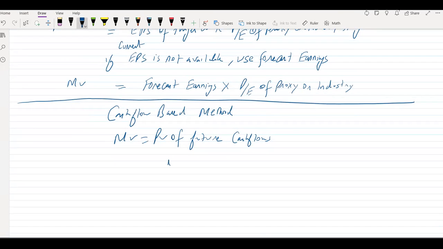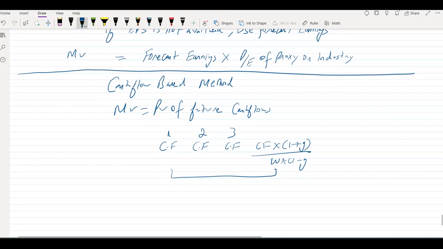So if future cash flows are given, and let's say perpetuity cash flows are given, discount all these cash flows, and the present value of all cash flows will be equal to the market value.